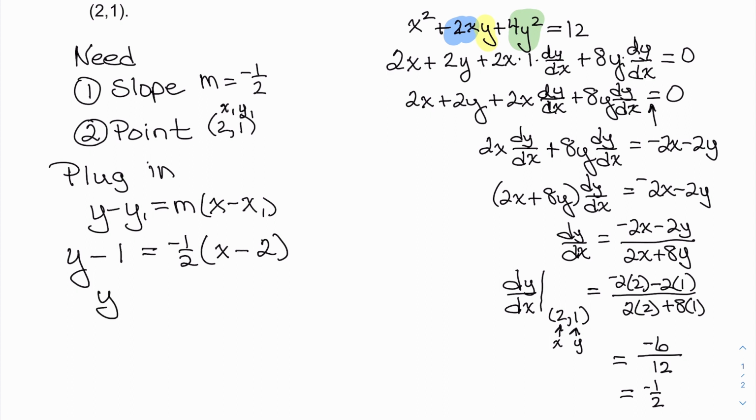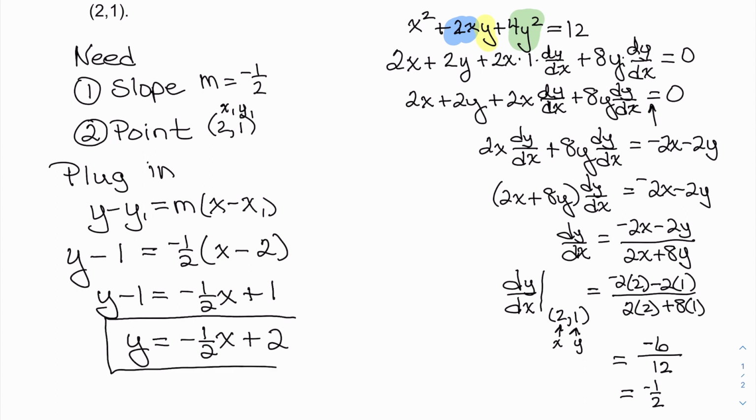Removing the parentheses, I get y minus 1 equals negative 1/2 x plus 1. Adding 1 to both sides, I get y equals negative 1/2 x plus 2. And that is the equation of the tangent line to x squared plus 2xy plus 4y squared equals 12 at the point (2, 1).